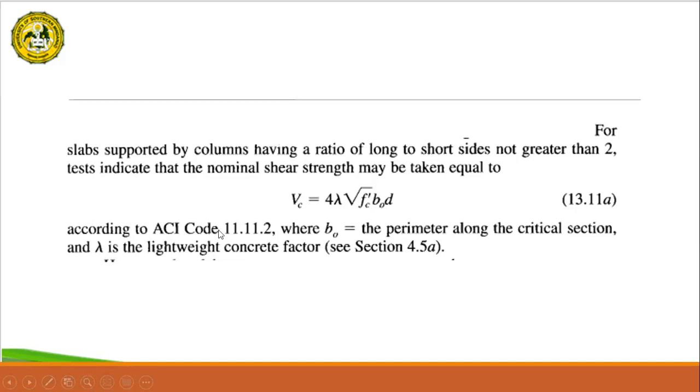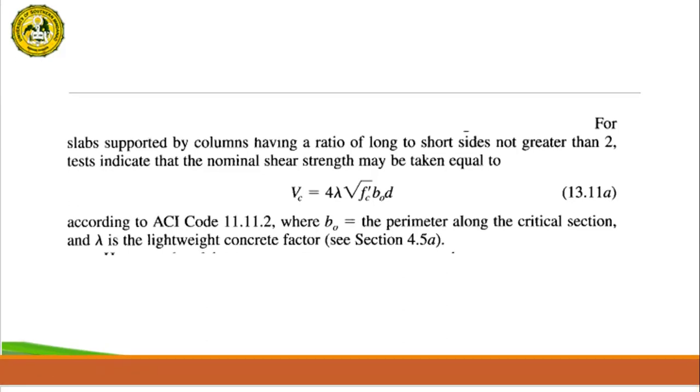So according to ACI, ang bo is the perimeter along the critical section and lambda is the lightweight concrete factor. So usually sa mga problems, ang lambda na ginagamit is for normal weight concrete. So kung hindi given ang lambda, you just assume that the concrete is normal. So you use lambda equals 1.